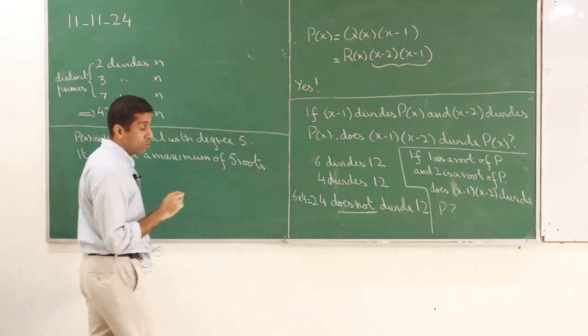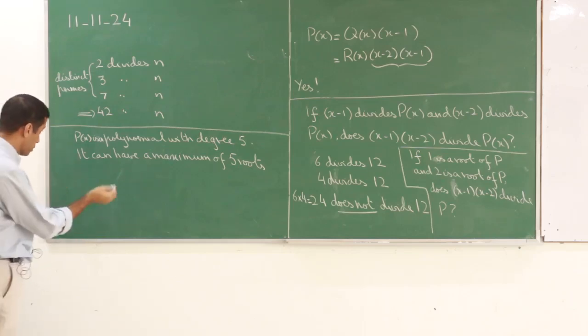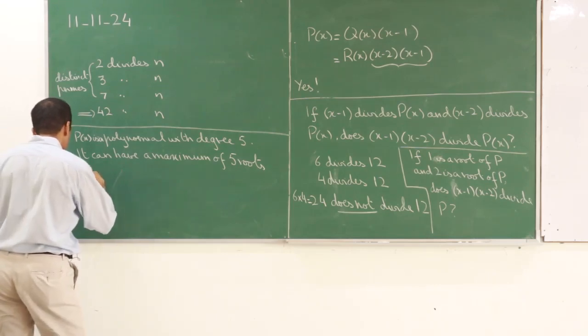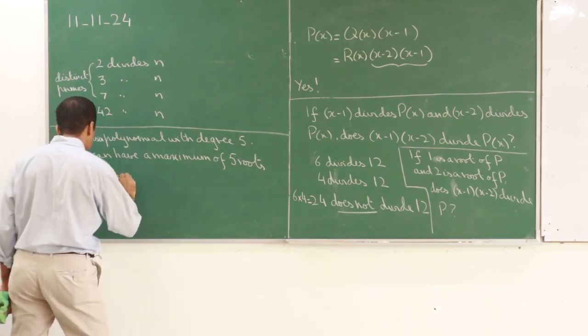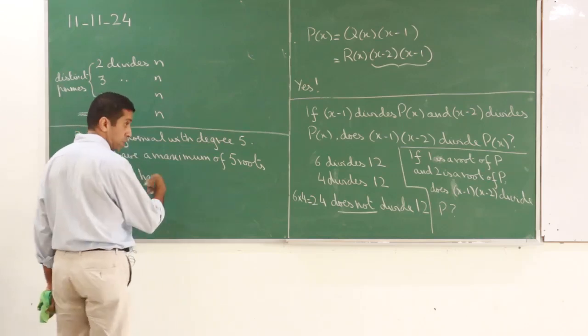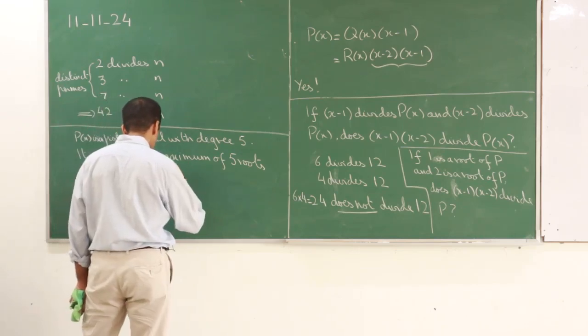It can have a maximum of 5 roots because let's assume it has more than 5 roots. We're going to prove it by assuming it has more than 5. So let's say it has 6 roots.